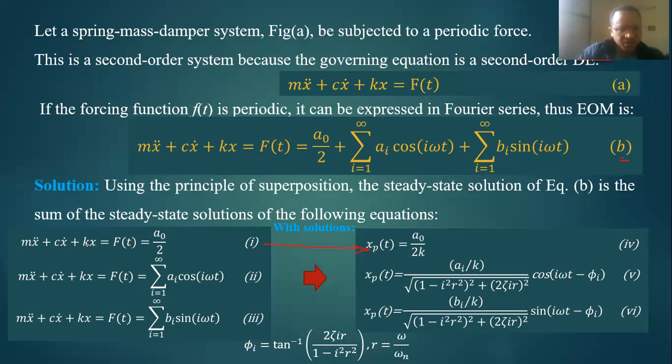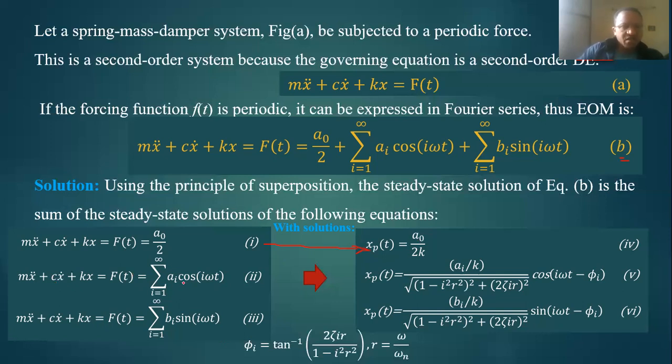This is the solution for the constant one: x particular of t equals a naught over 2k. The 2 is this one and k is this term, so a naught over 2k is the solution for the constant part.